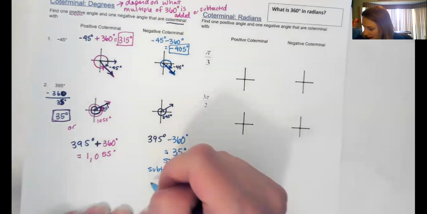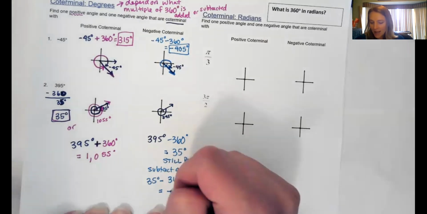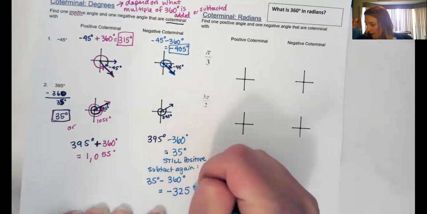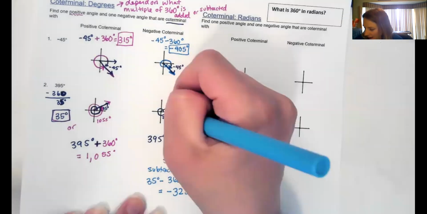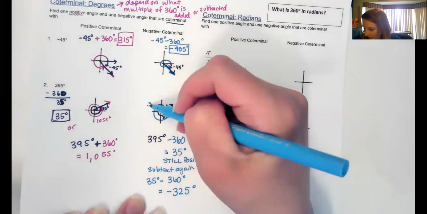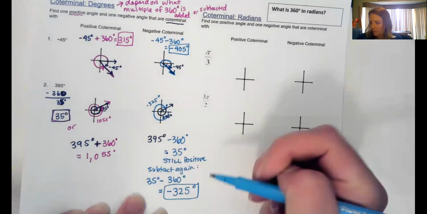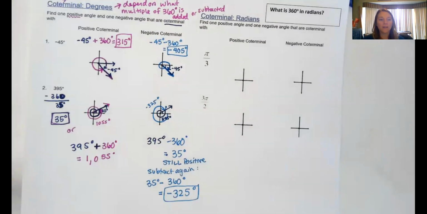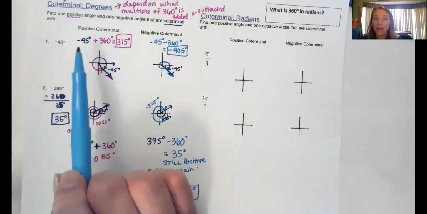So if I do 35 degrees and subtract 360 again, now I'll get negative 325 degrees. If I go backwards, negative 325 degrees gives me a coterminal angle with 395 and 35.